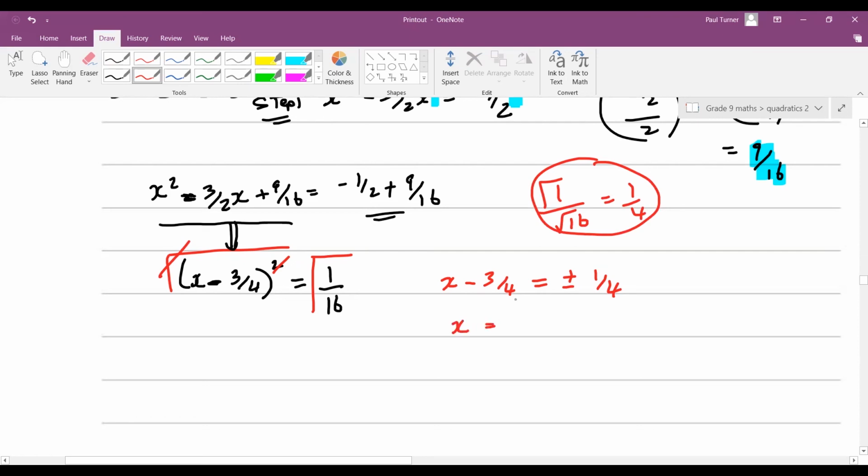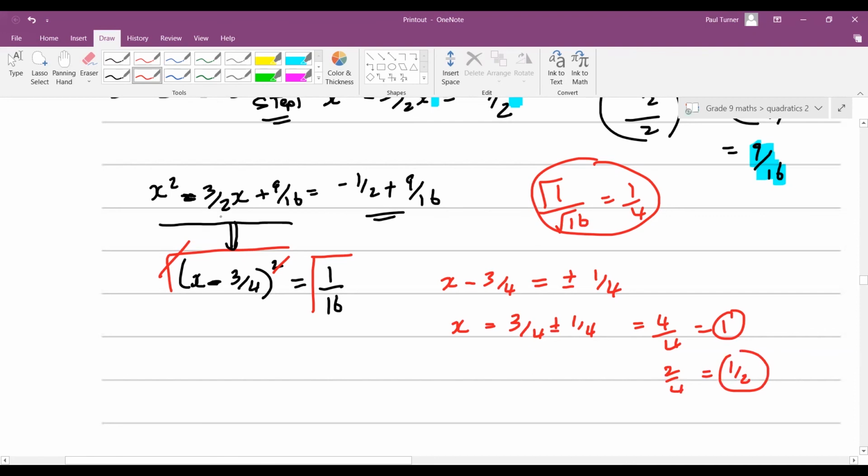So x would equal 3 on 4, bringing the 3 on 4 over and changing the sign, plus or minus 1/4. Now add these two numbers. You get 3 plus 1, 4 on 4, which is 1, and 3 minus 1, which is 2 on 4, which is 1/2. So you get 1/2 and 1 for that one.